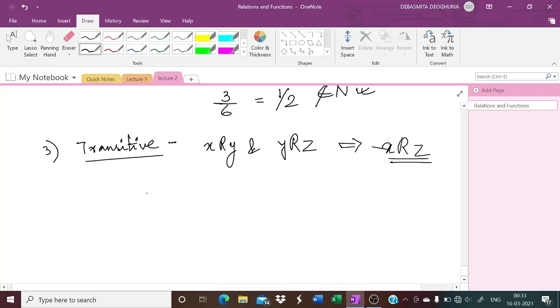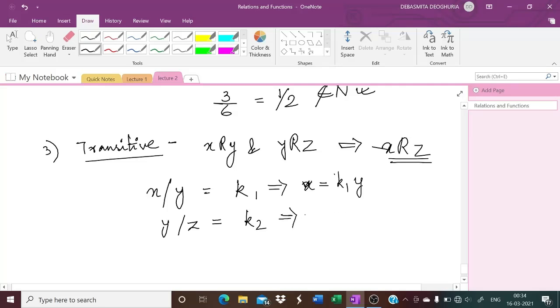So now, suppose that x divided by y is some integer k1, and y divided by z is some integer k2. So I can write x equals k1 y, just multiplied by y on both sides, okay. And I can write this as y equals k2 z.